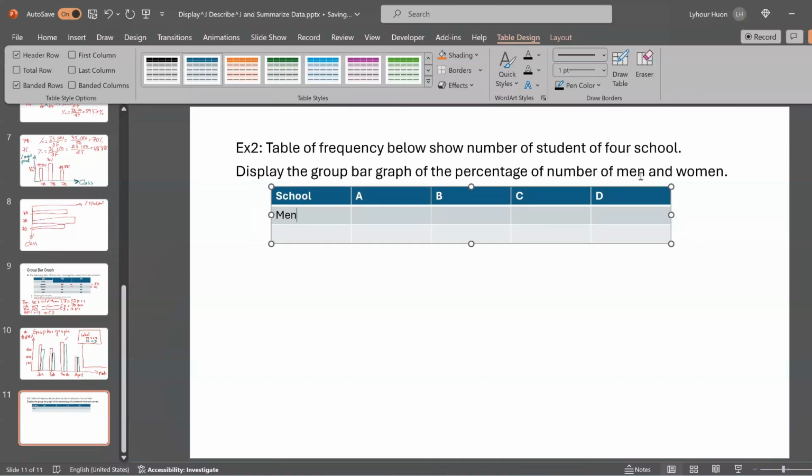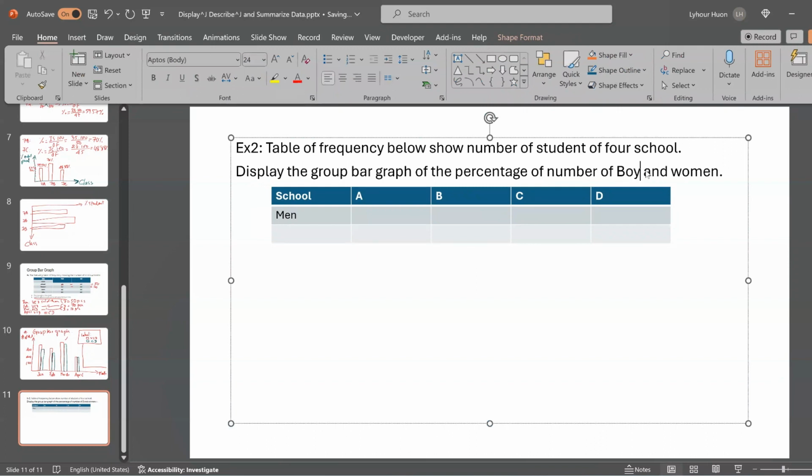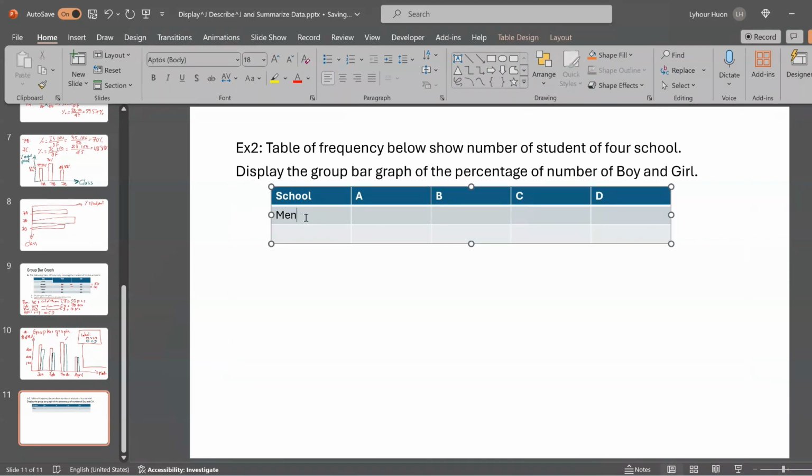School A: 110 boys, 95 girls. School B: 90 boys, 83 girls. School C: 102, 75. School D: 125, 18.